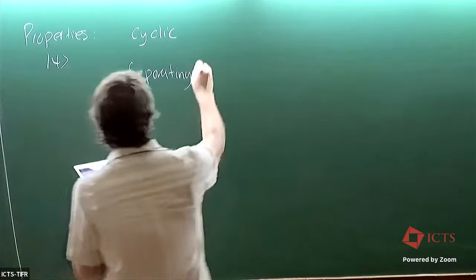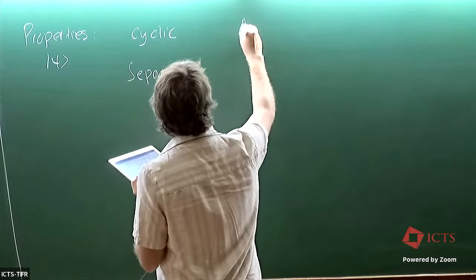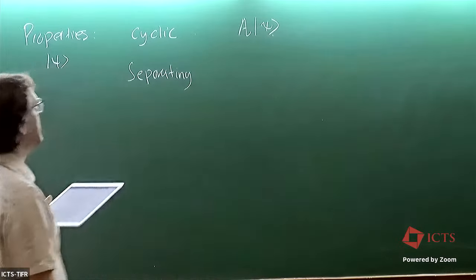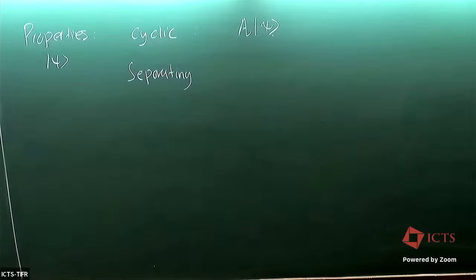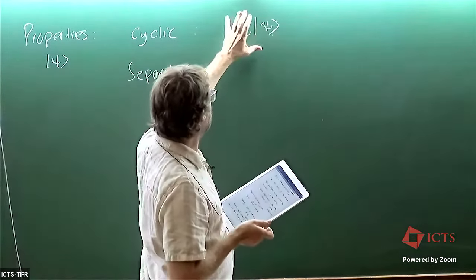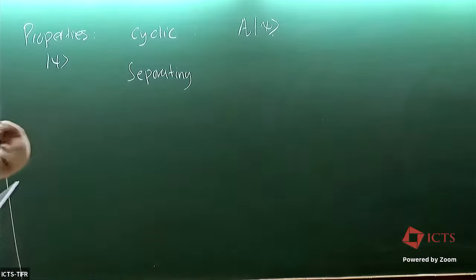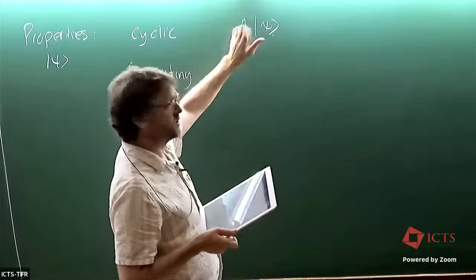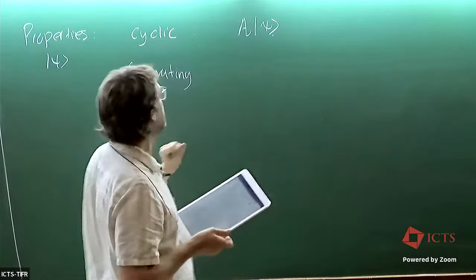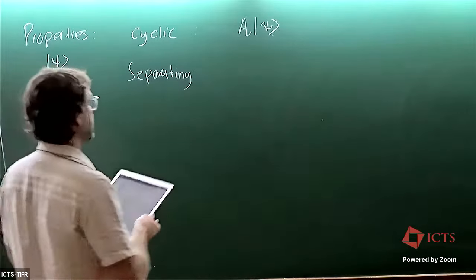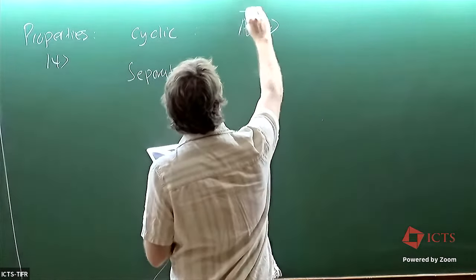Cyclic just means that if I take A and act on the purification psi, I should approximately get all of the states in the Hilbert space. We don't necessarily get everything because we're in infinite dimensions; in finite dimensions we could get everything. Instead we demand that we get almost everything, which just means that it's dense.